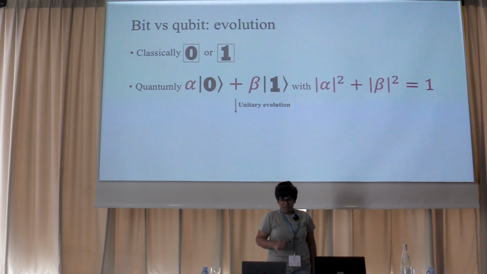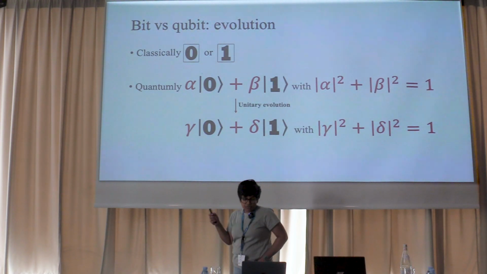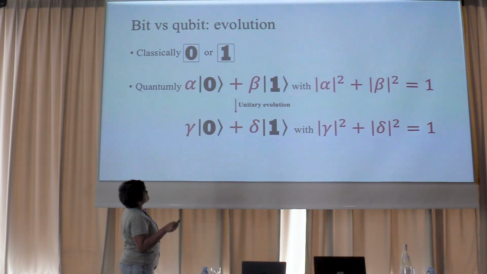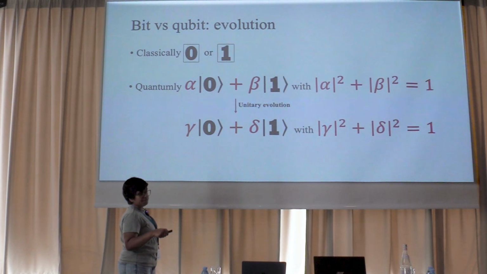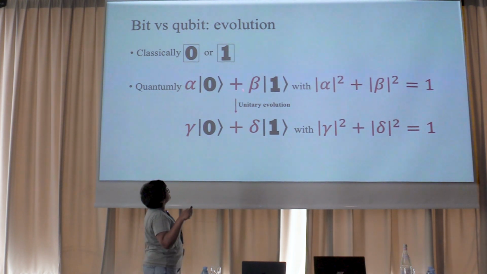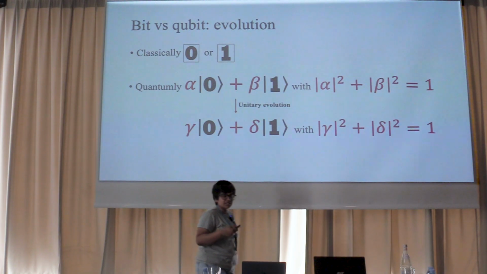So I can do a unitary evolution that takes any quantum state, say this was a quantum state because it satisfied this condition, to another quantum state, which is some different value gamma and delta, but must also satisfy this condition. And this gamma and delta also should be complex numbers. And this transformation has to be a unitary transformation.